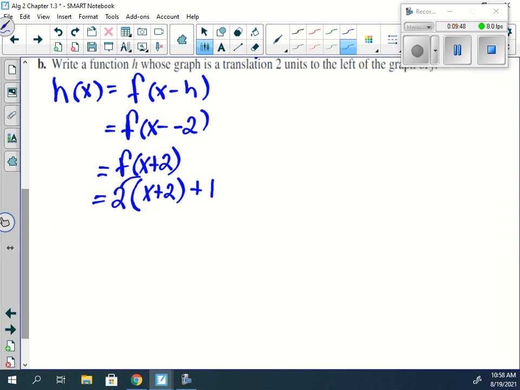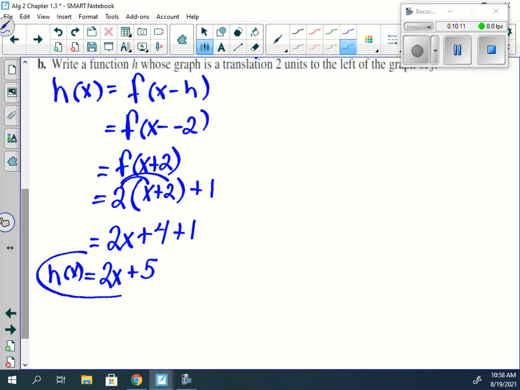And the way we can simplify it is by distributing the 2. We can multiply through by 2. Well, 2 times x is 2x, 2 times 2 is 4, plus 1. And that is it.